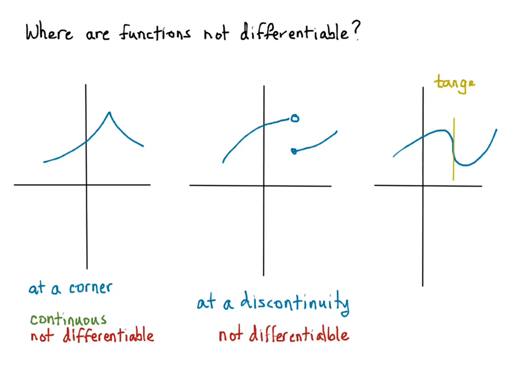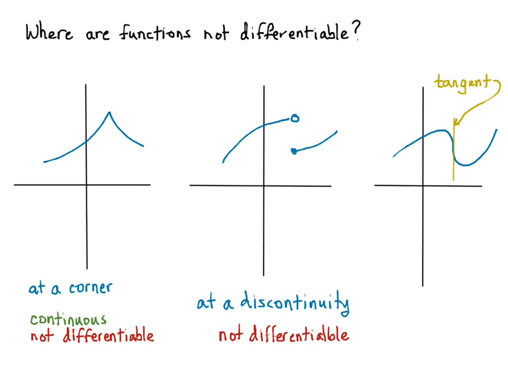And then finally, the last place is if we have a tangent that is vertical. It's possible that this curve has a tangent, like let's say take a semicircle or a circle and you put up a tangent on one side or the other. That's not differentiable at that point, because the derivative is equal to the slope of the line tangent at the point.